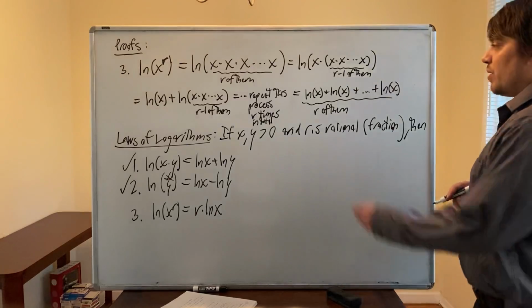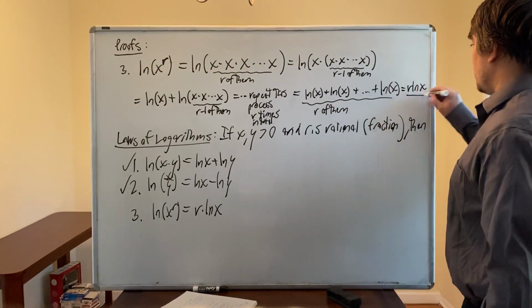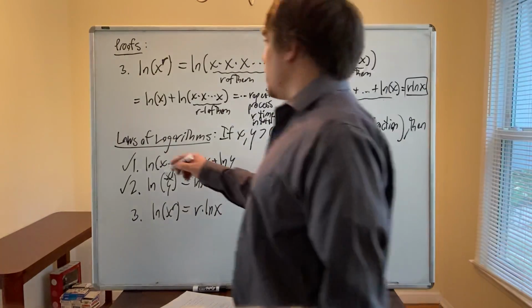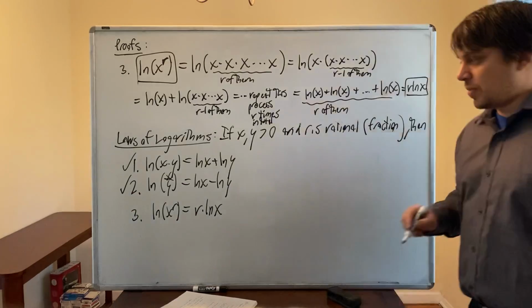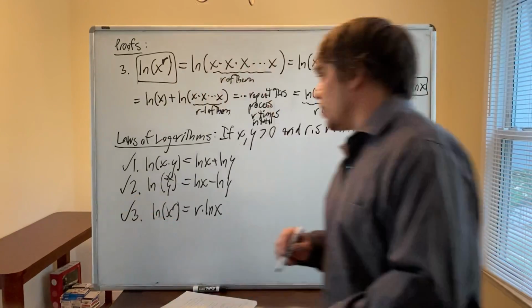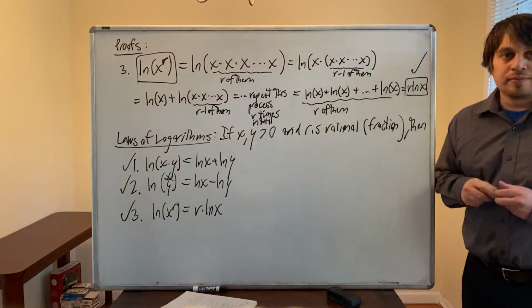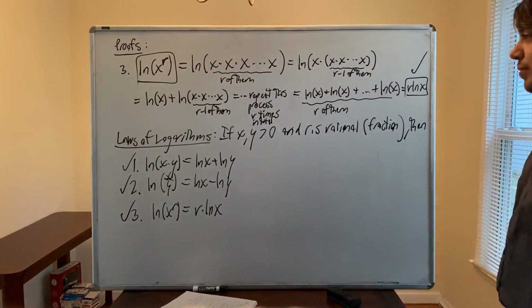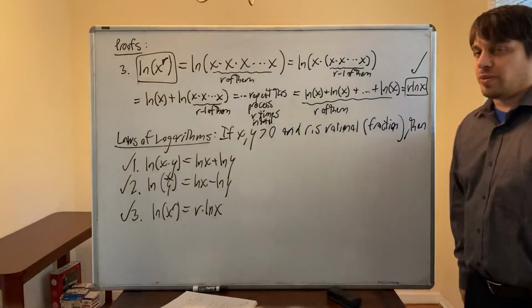And if you add up ln of x r times, that's equal to r times ln of x. So I just showed that ln of x to the r is equal to r times ln of x. That's the third law of logarithms, and that's proved also. That's proved right here. Okay, so now those are the 3 laws of logarithms, and we proved all 3.